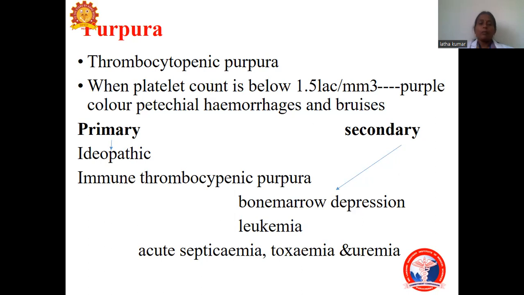In the primary type, the cause is idiopathic, and secondary is due to bone marrow depression, leukemia, acute septicemia, toxemia, and uremia. The primary may be due to an immune defect, called immune thrombocytopenic purpura.